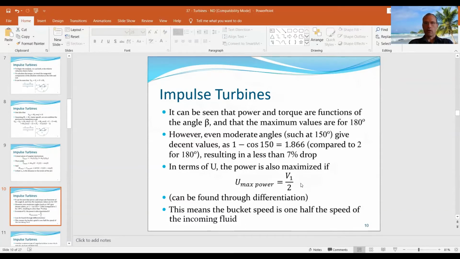So if you take the shaft work equation from the previous slide, take the differential of that with respect to u, set the derivative with respect to u equal to 0, solve that for u, gives you where the maximum power happens, and that's half the incoming velocity.